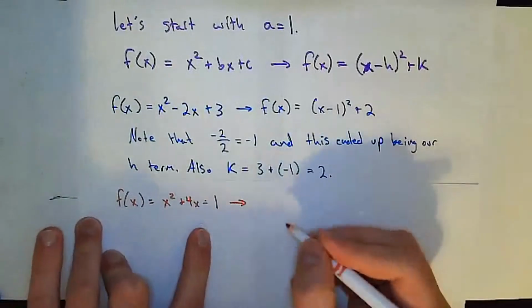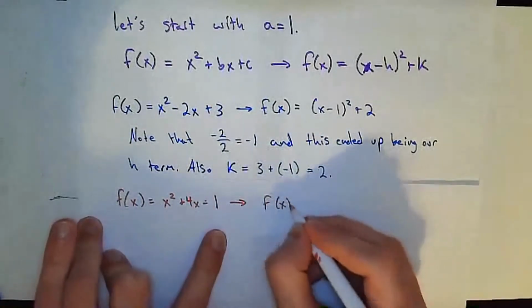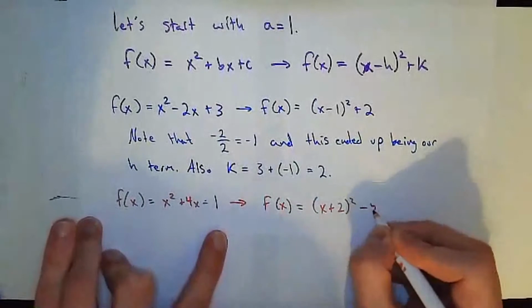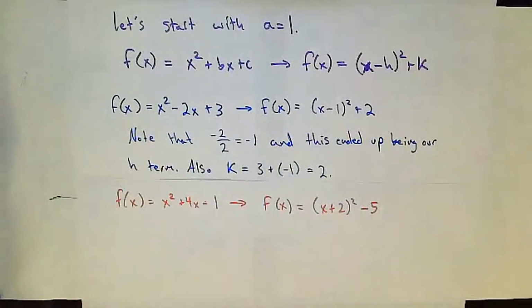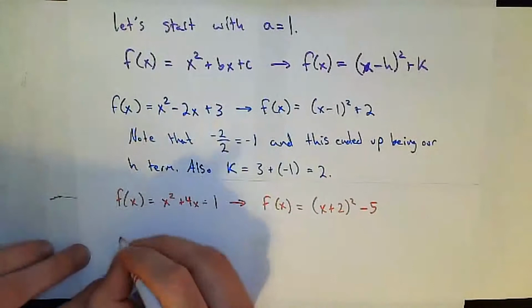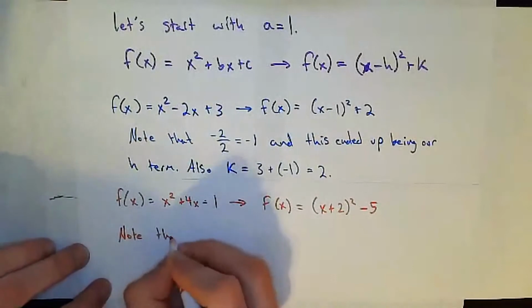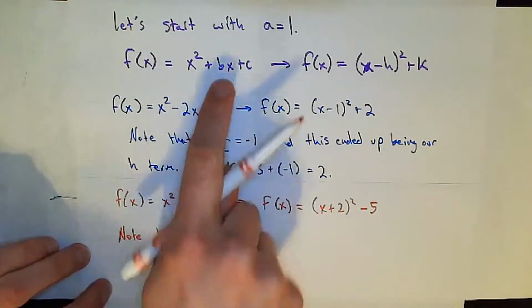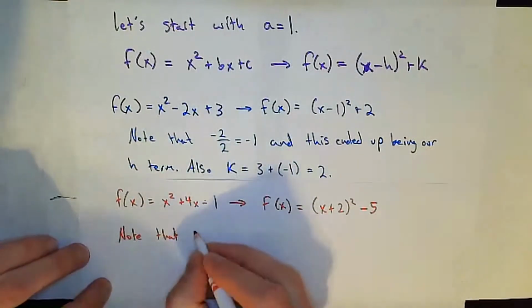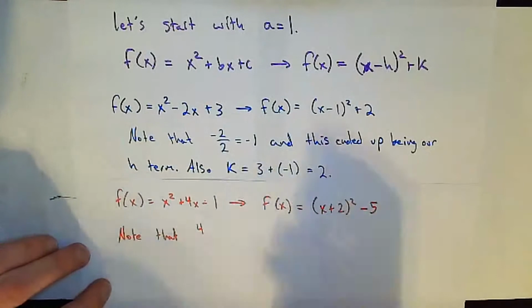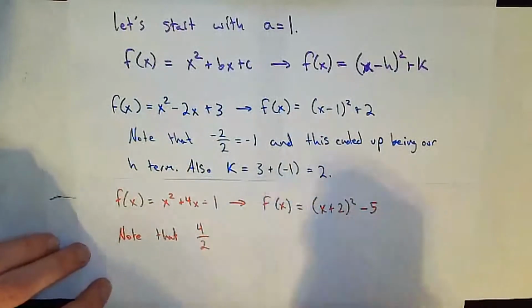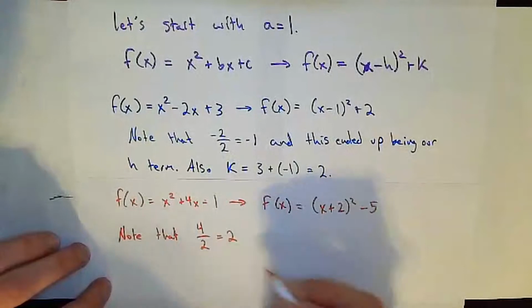That yielded an x plus 2 all squared minus 5. All right, does the same idea work here? Let's see. Note that taking that central term, which we could call b, but for now I'm just writing it as what it actually is in this case, which is a 4. I said, what do you have to double to get that number? So in other words, taking half of it, and I get 2.